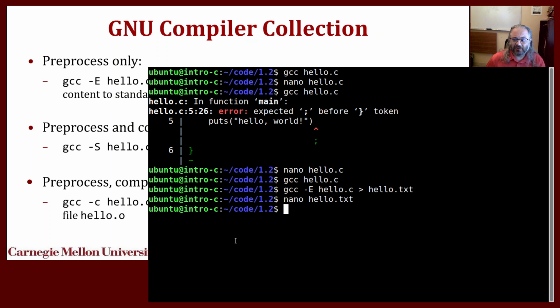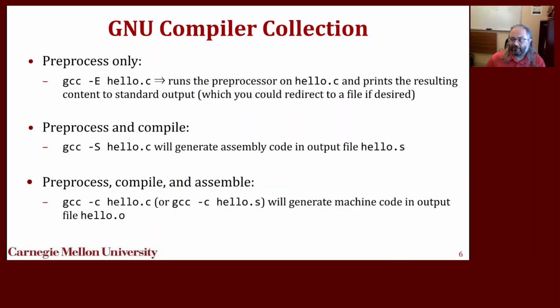We can now also look at the job of the compiler. If we now wanted to preprocess and compile the code, GCC will do that for us by essentially stopping after the compilation process. So this is asking GCC to take the original C source code, run the preprocessing step, which we just demonstrated, and then also run the compilation step to generate assembly code.